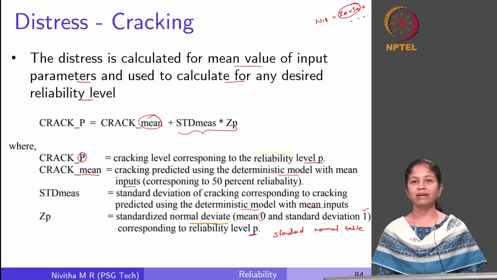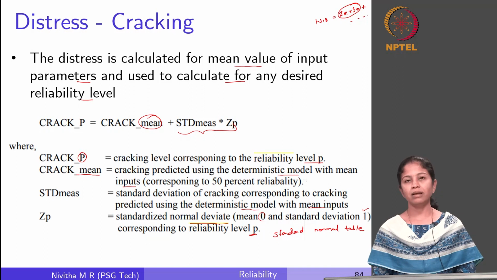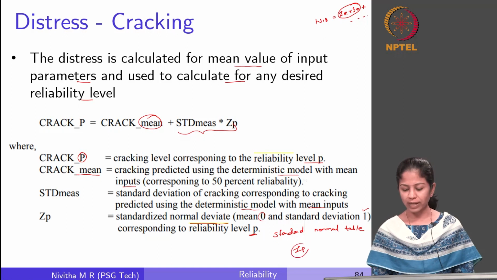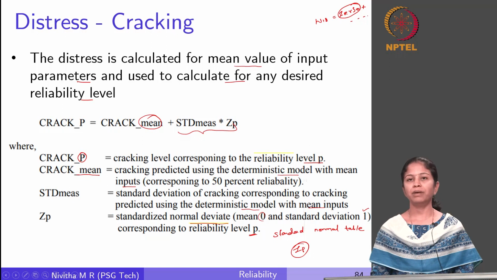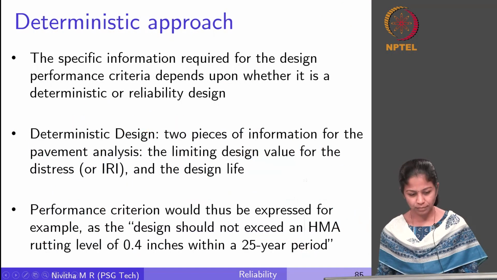If we look at the standard normal table, we will be able to arrive at the standard normal deviate value corresponding to any desired reliability level R, or let us say here it is used as P, right. So this is how we get the standard normal deviate. So with that we will be able to compute the cracking value for any desired reliability.